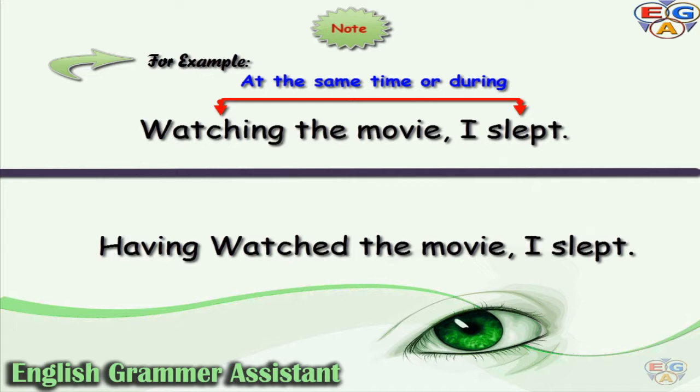The second sentence implies that he or she slept after he or she finished watching the movie. Therefore, present participle in a sentence always indicates that the action of the adverb clause happens, or happened at the same time, or during the action of the main clause, whereas perfect participle always indicates that the action of the adverb clause happens, or happened before the action of the main clause.